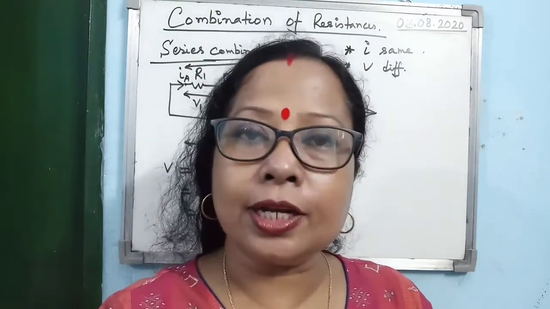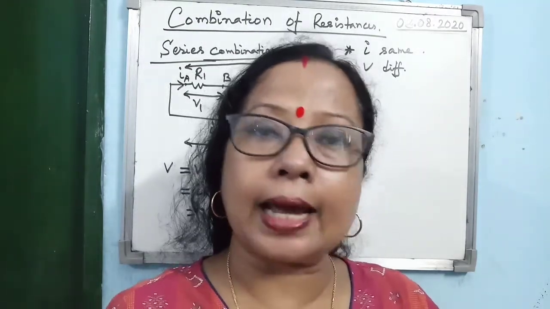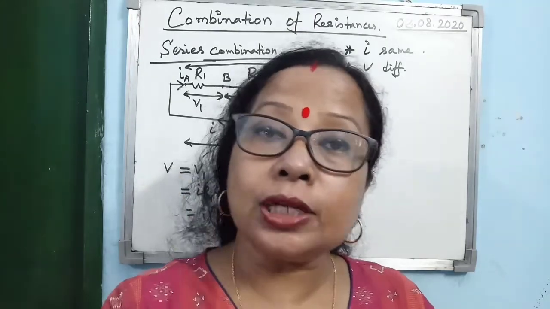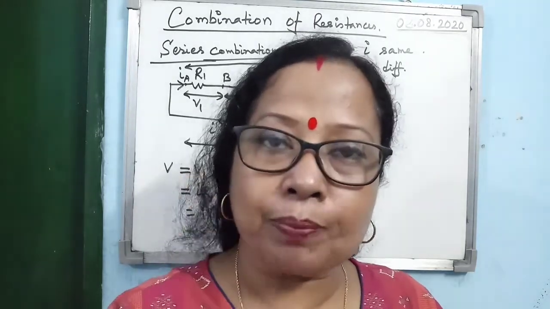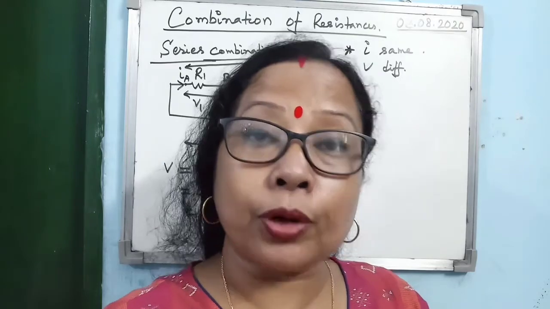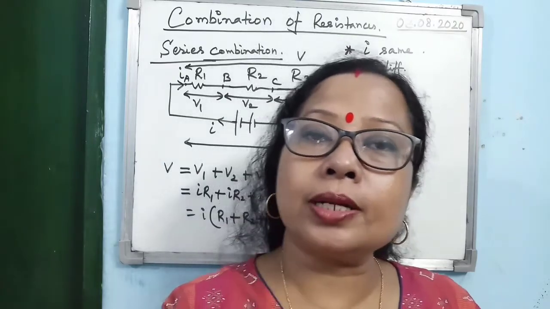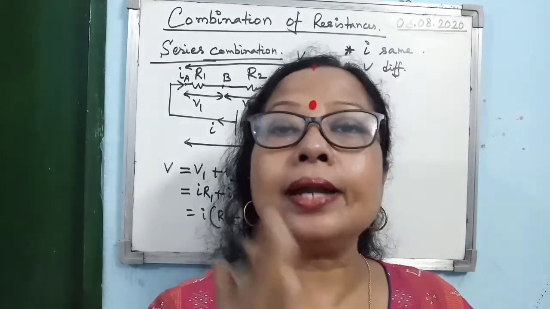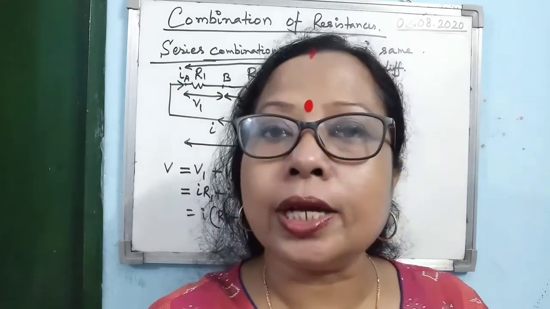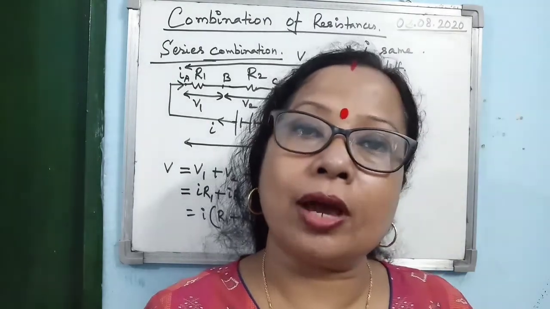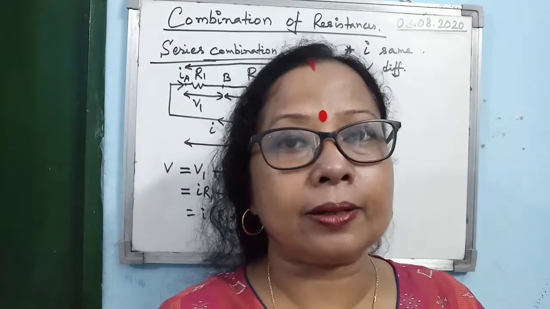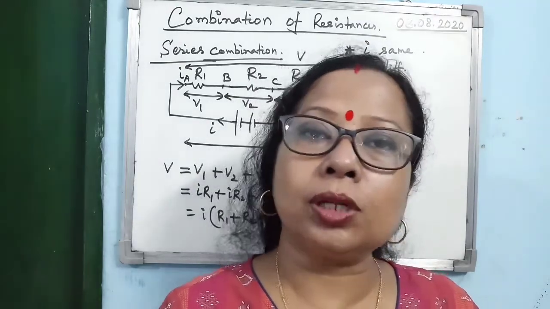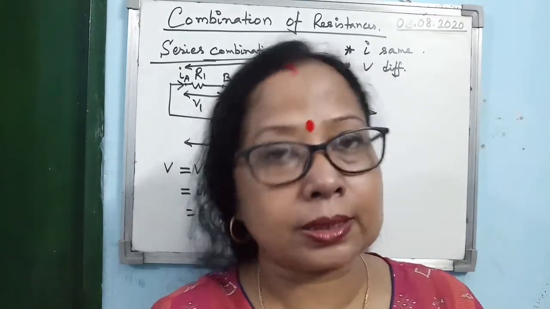No. What is the condition for that? What is the restriction for that? That total current and total PD will remain the same. So I repeat, as it is a very important concept in physics: equivalent resistance means that in place of the combination, a single resistance we have to use in such a manner that total current and total PD of the circuit remain the same.